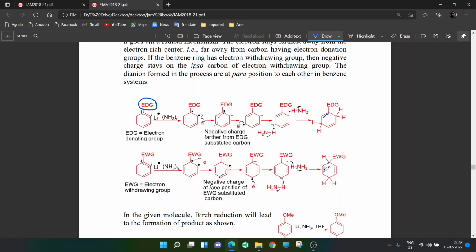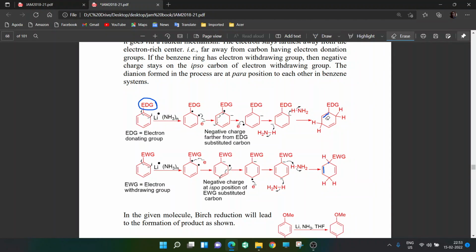You get the double bond on the neighboring carbon atoms. So reduction is happening. The benzene is becoming a cyclohexadiene compound. But if you have an electron donating group, you get the double bond on the carbon atom on which the electron donating group is there. Whereas if a withdrawing group is there, then on the farther end you get the alpha beta position double bond.